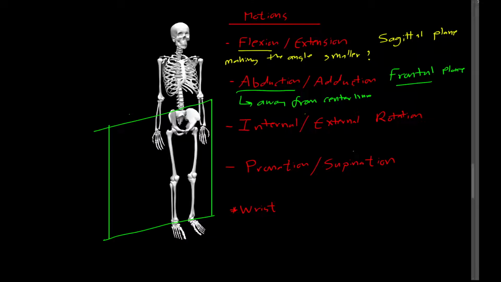Then internal and external rotation. That is going to be rotation in the transverse plane. So again, the hip is a good example because it's free to move in all these planes of motion. What is a rotation in the transverse plane going to look like?